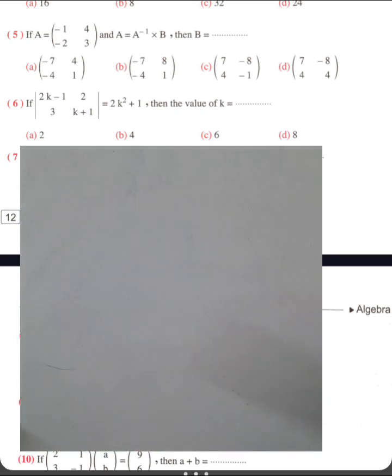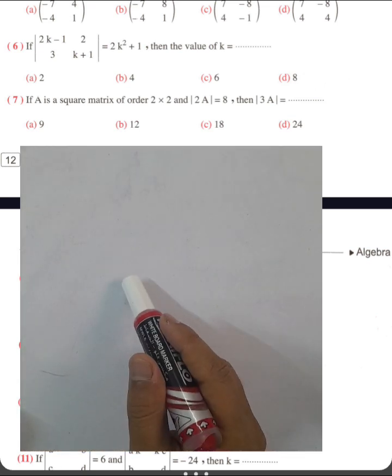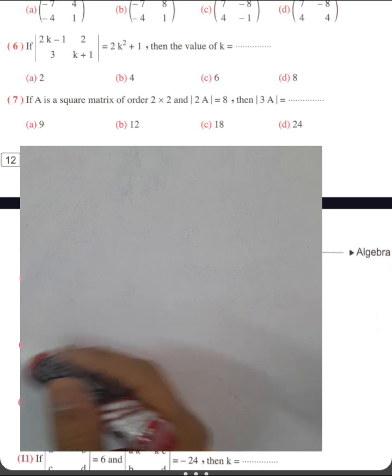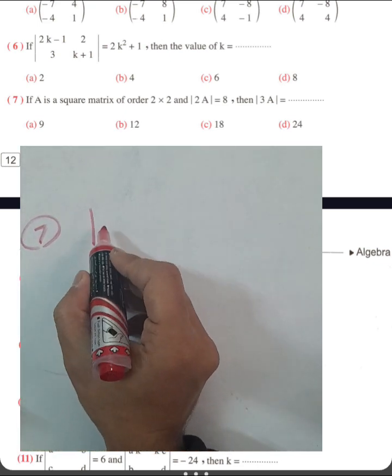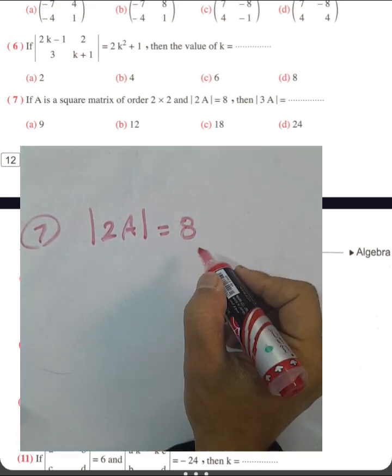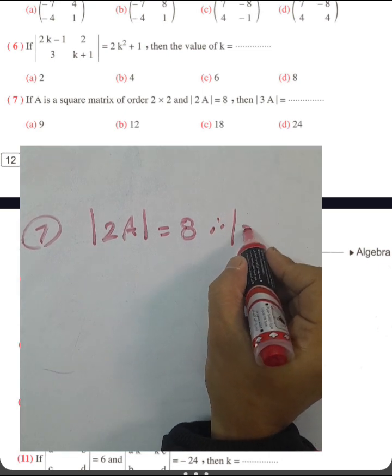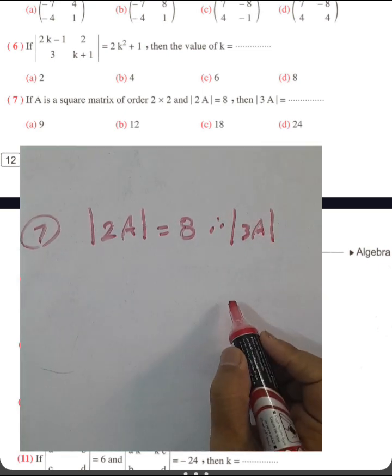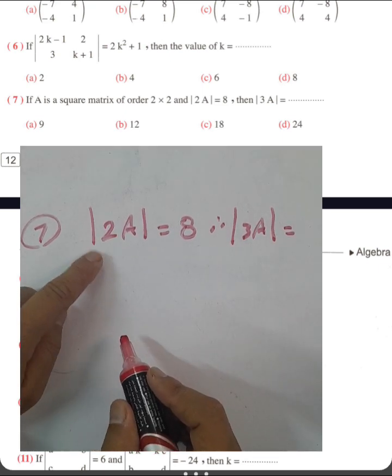Question 7: if A is a square matrix of order 2 by 2 and the determinant of 2A equals 8, then find the determinant of 3A. We have here 2 times the determinant.